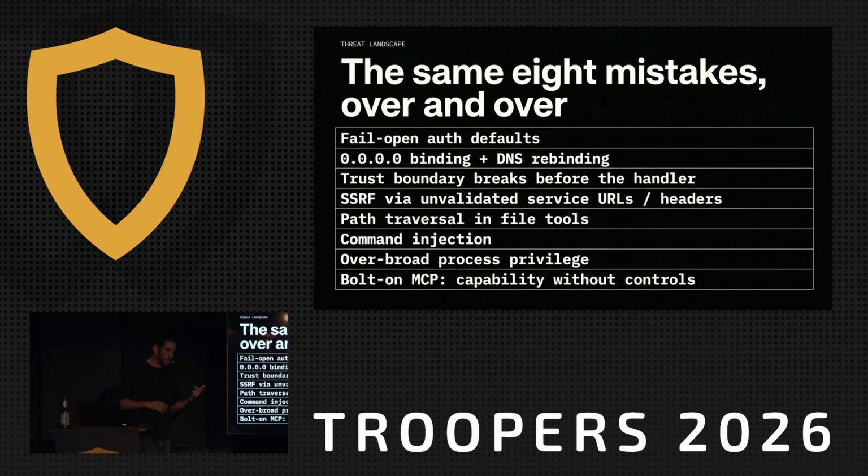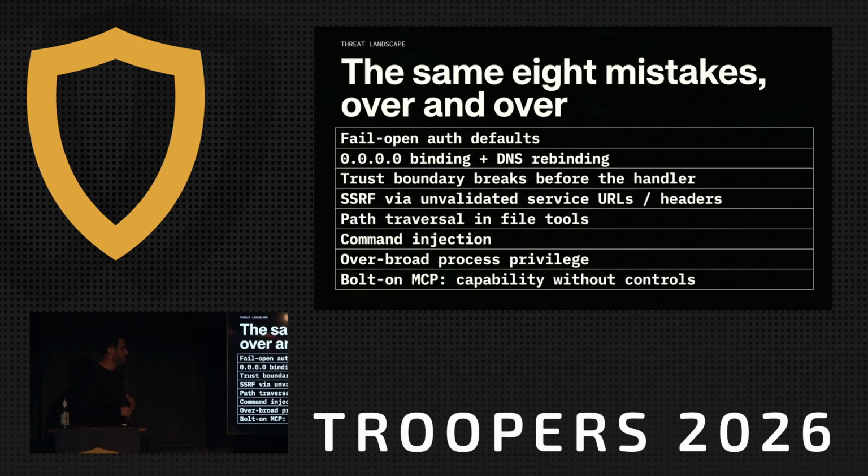Breaking the trust boundary breaks before the handler. This is what I'm trying to say here: you have the MCP tools, and that's where more scrutiny is applied in terms of vetting what the tool can do. Is it within the scope of what I allow it? But what you'll see soon is that a lot of the breakage comes even before the tool. And then it doesn't matter, because the tool does what it's supposed to do, but on behalf of the attacker now.